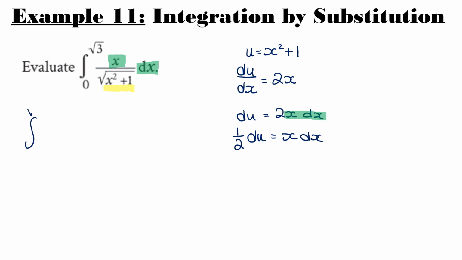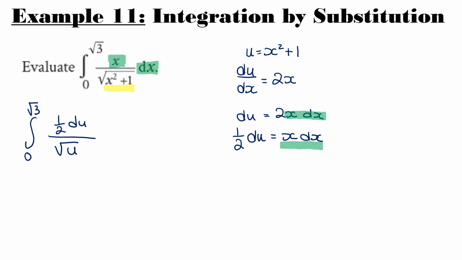So I'm going to integrate between root 3 and 0. We have our definite integral. I'm going to put a half du up here, and that's the square root of u on the bottom. So we manipulate the du dx line until it's something that we want. I only want the x dx together.